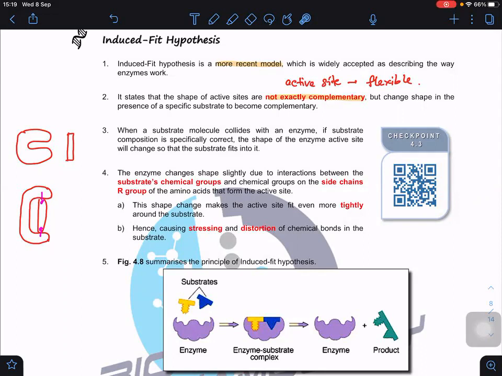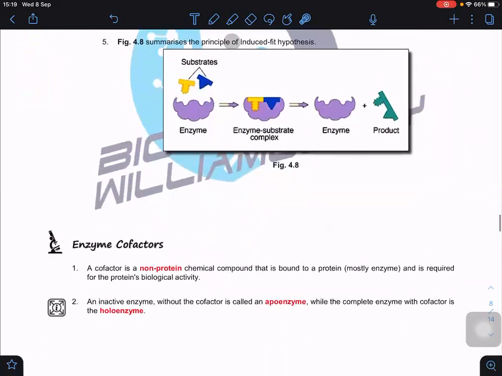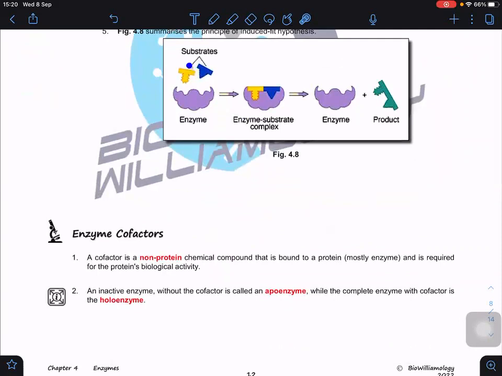They are flexible so that they can fit even tightly around the substrate, provided that the substrate must be the correct substrate. If the substrate is not correct, then it is useless, it would not induce the change. So in terms of the induced fit model, we wouldn't be able to catalyze the reverse reaction. Can you see that? Because first, you must have the correct substrate. Only this can induce the change in the shape of the active site.